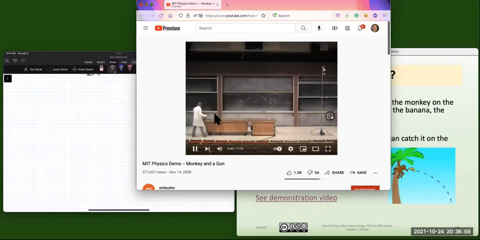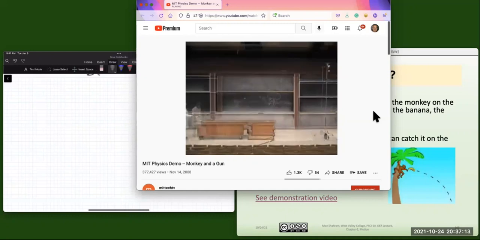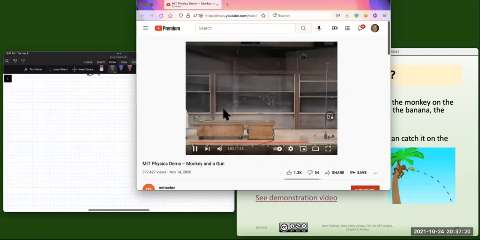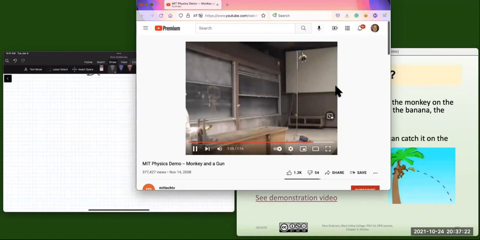Now he's aiming directly at the monkey. Notice what happens. Slow motion. He's pointing at the monkey.